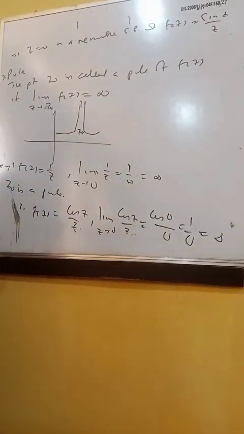Cos 0 is 1. Is that okay? So you see that we have a pole. We also have a pole. So that is a pole.